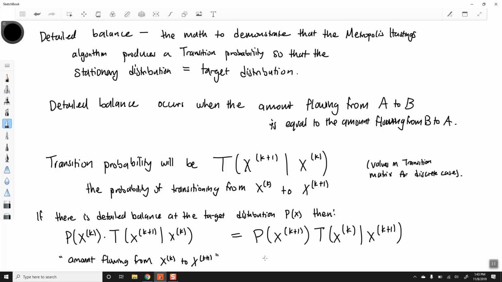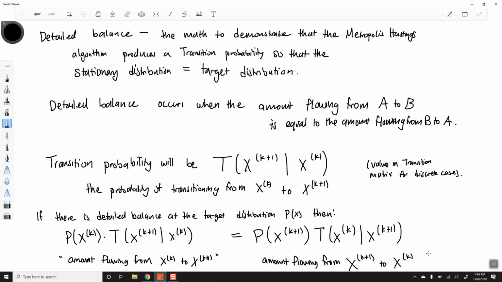And this is the amount flowing from k plus 1, wherever that is, to x super k, okay? Because the amount flowing is going to be kind of the probability of starting there multiplied by the transition probability. All right, is that okay?